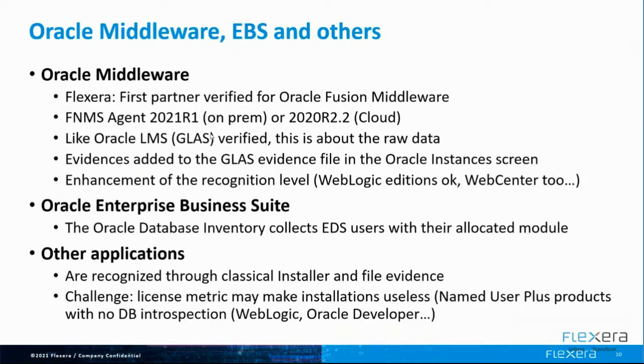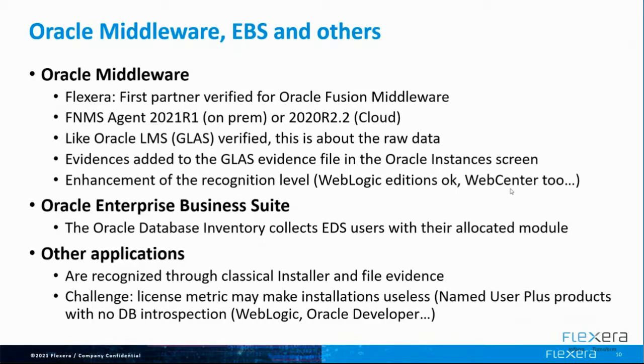data, which is a flat and, again, probably ugly list of configuration files, entries, and so on. And from this data, we are enhancing the recognition we're doing. So WebLogic editions are now correctly recognized if you use the version 2021 R1 or 2020 R2 and later. WebCenter too, and that's the current work that the Oracle recognition team is doing.